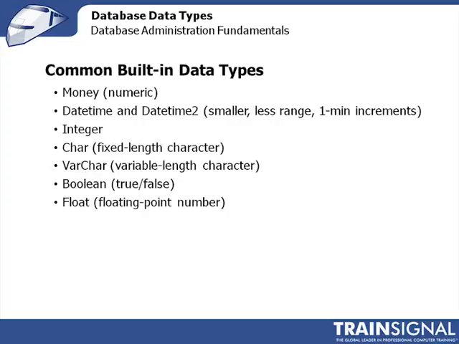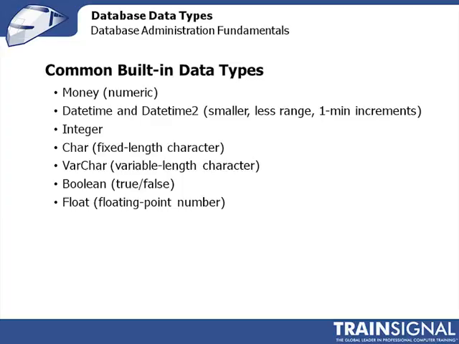Starting with some of the more common built-in data types, you've got money, which is a numeric type that typically goes out to about 4 decimal places. There's datetime and datetime2. Datetime2 is smaller. It has less range, meaning it can't cover way back into the past or super far into the future, and it works in 1-minute increments.